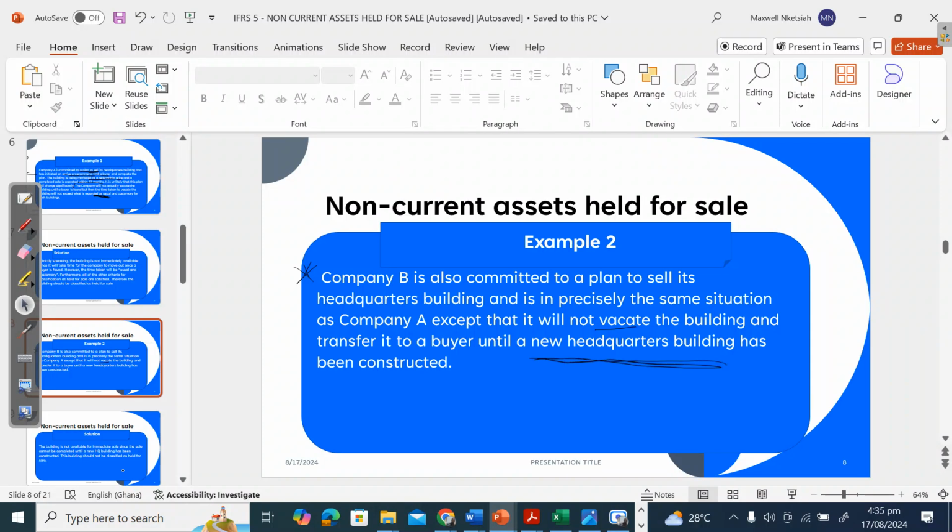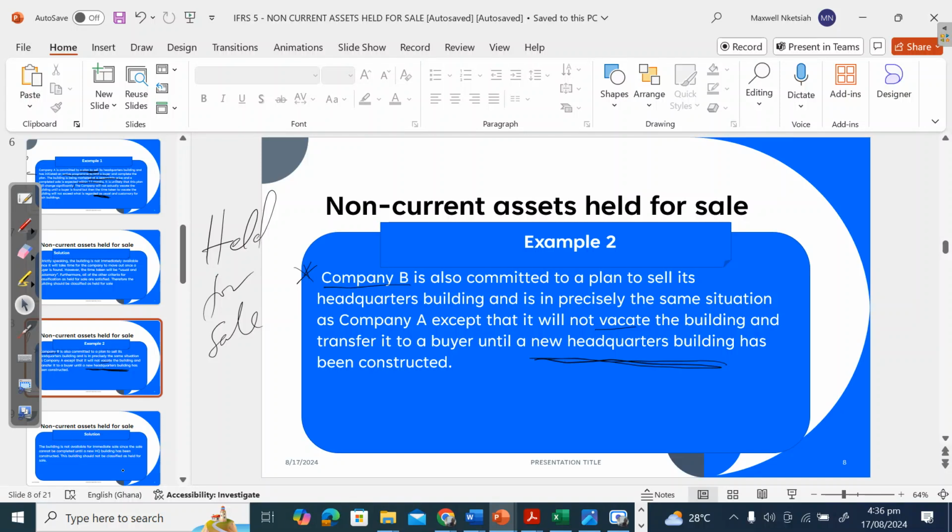So can they classify their building as held for sale or not? Looking at the criteria we have discussed, can Company B say they can classify the asset as held for sale?